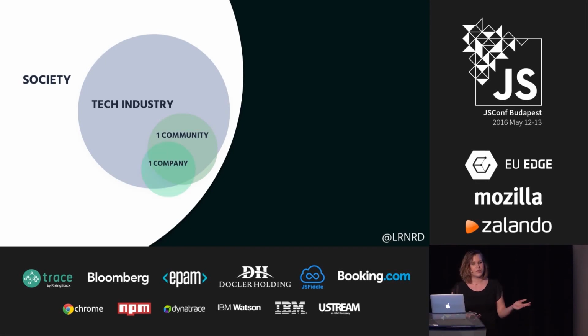Then we have companies. Some companies or the people in them contribute to communities or are part of them, so we have an overlap here. And finally, there are humans, and here you can see one of us. This is me, and this is you. Some of us work at companies, some of us are part of communities, all of us are in some way in tech. And all these parts together influence this industry.